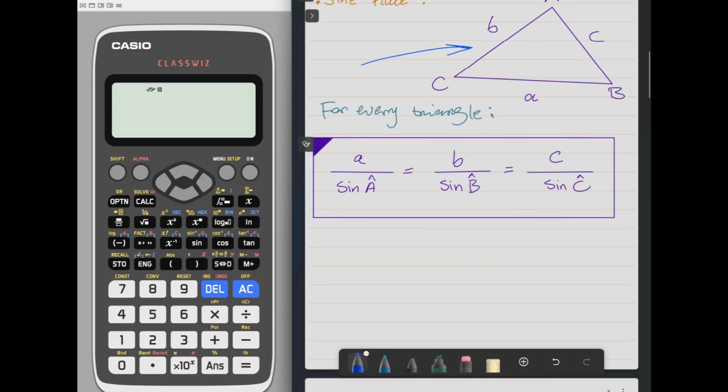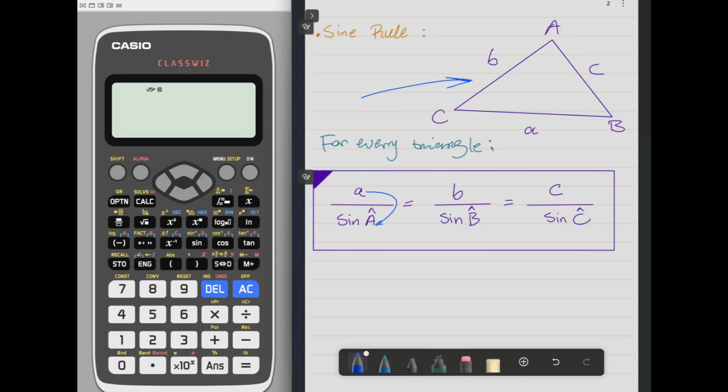Be very careful about this one, guys. Side A is opposite to vertex A. You see vertex A, and side A is opposite here.